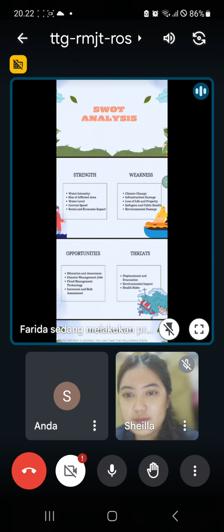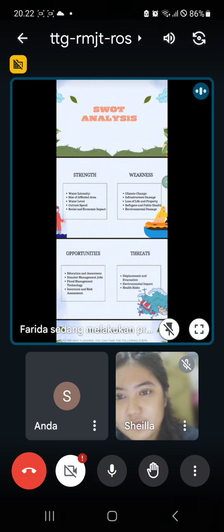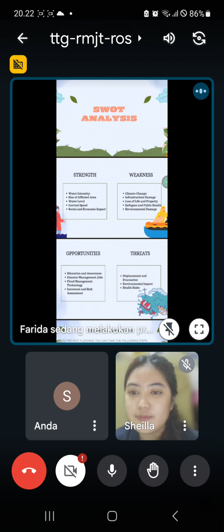And then the fourth is current speed. Fast water current can increase the force of flooding by damaging buildings, bridges, and other infrastructure. Current speed can also carry flood materials such as mud and rocks, increasing the risk of damage.